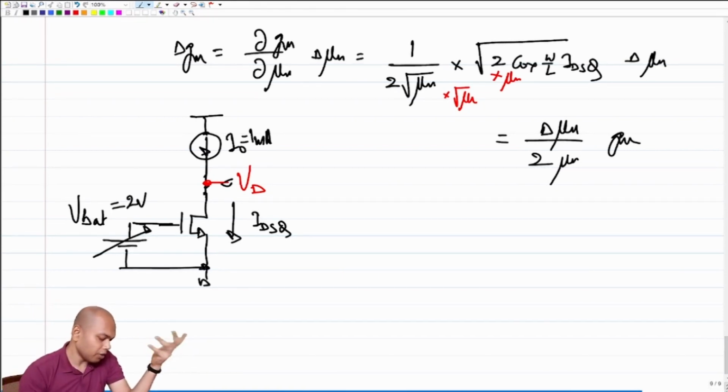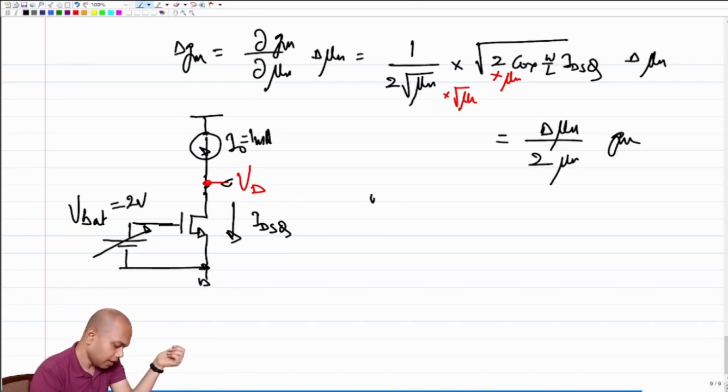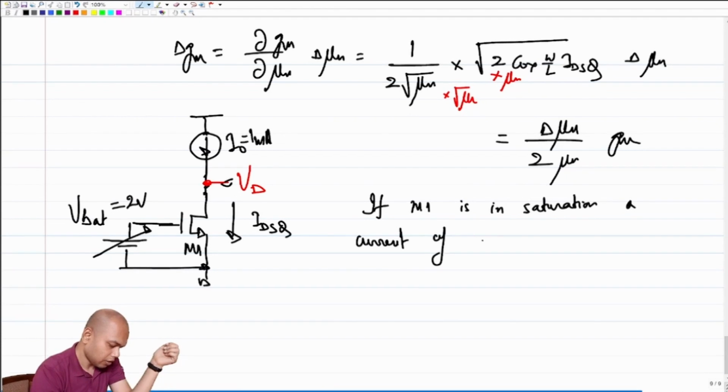So let's say after my calculation I figured that if M1 is in saturation, a current of 1 milliamp will require 2 volt VGSQ.